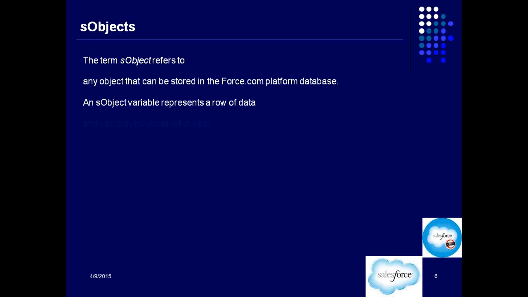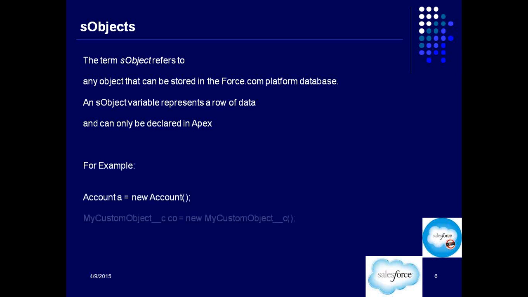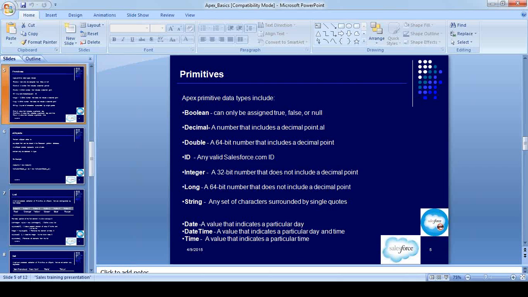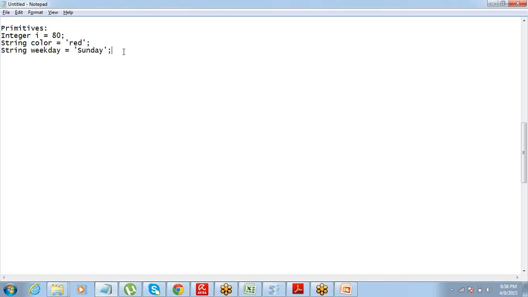An SObject variable represents a row of data. So it's not one single value, it's a row of data in that particular object, and it can only be declared in Apex. So SObject is native to Apex. For example, you can say Account a = new Account, or MyCustomObject co = new MyCustomObject. The SObject data type is defined with the name of the object.